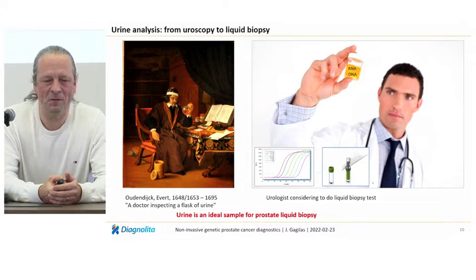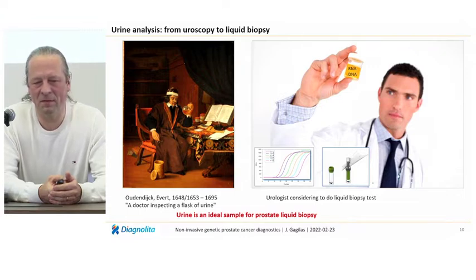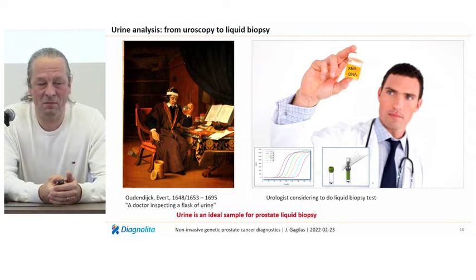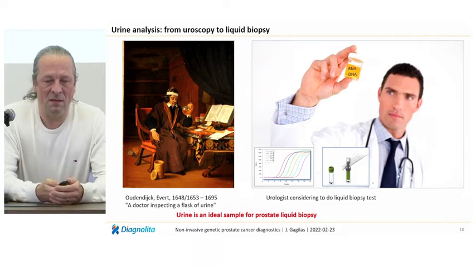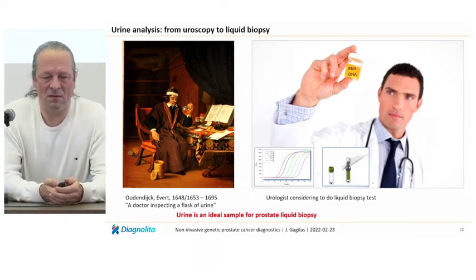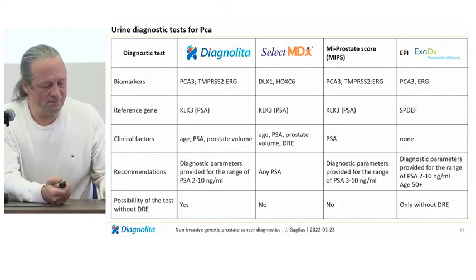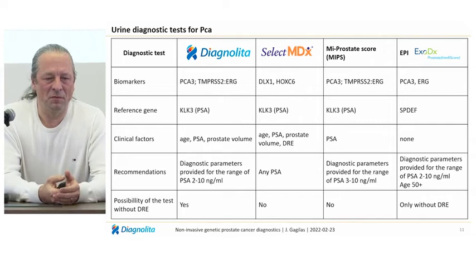Nowadays, urologists can do a liquid biopsy test using urine samples and check for molecular biomarkers and have genetically based information about the disease.